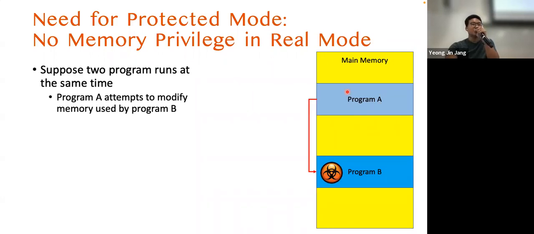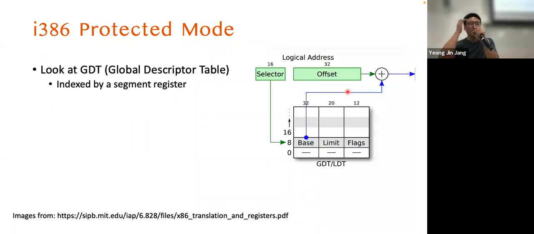That's totally possible because no hardware or CPU restricts it. So in the real mode, there is no security at all. That's why Intel developed protected mode, starting from the 80386.